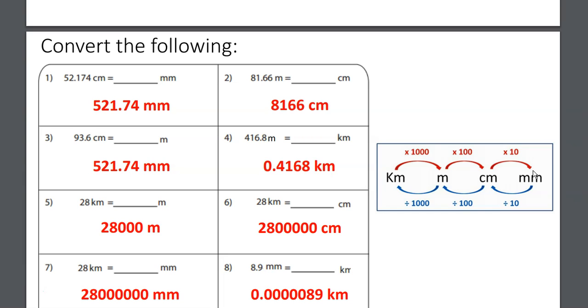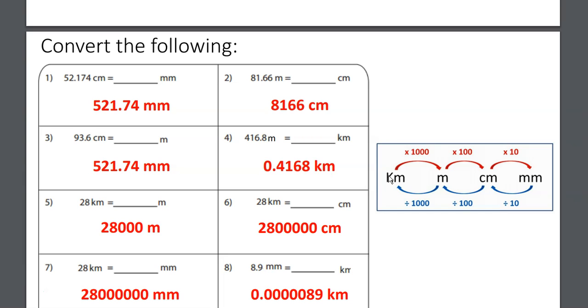Or, if you want to do it in one calculation, how many zeros do we have? 1, 2, 3, 4, 5, 6. And what number that begins in 1 has 6 zeros after it? Well, that would be 1 million. So to convert from kilometers to millimeters, you could just type 28 times 1 million. But both options take about the same amount of time, so it really doesn't matter.